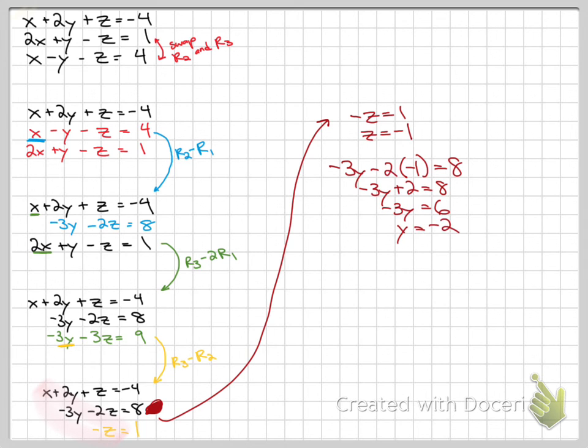Now I know y. Now plug it into the row above, right, where that second big dot is going right now. I know x plus 2 times y, but I know y, plus z, but I know z, has to equal negative 4. So x must equal positive 1.